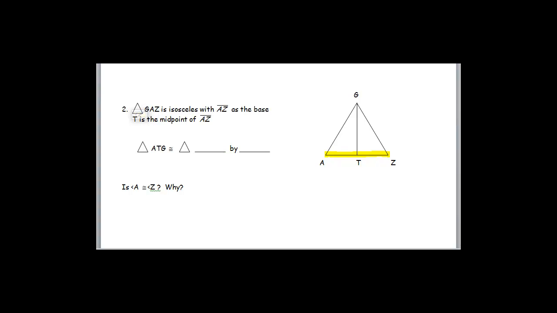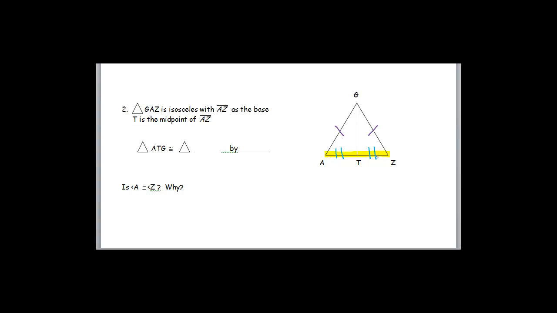So the 2 congruent legs would be AG and GZ. Now let's look at our second clue, where it says that T is the midpoint of AZ. We already have segment AZ highlighted, so if T is the midpoint, it bisects that. So again, it's going to make 2 congruent parts.